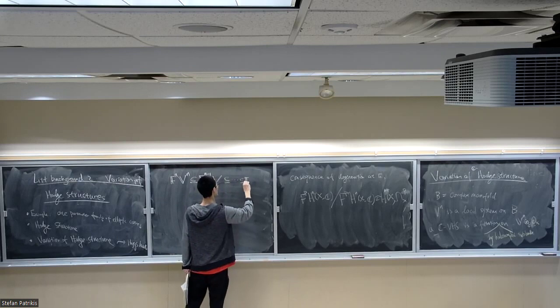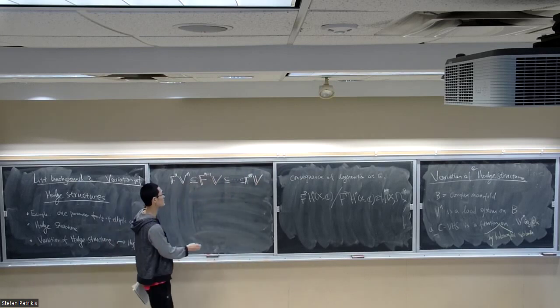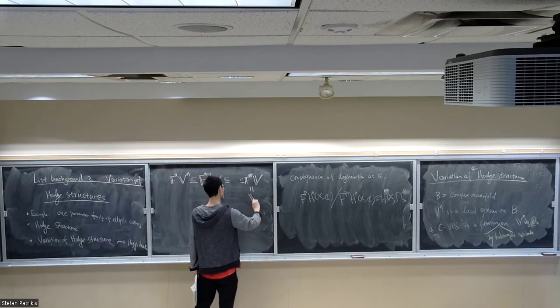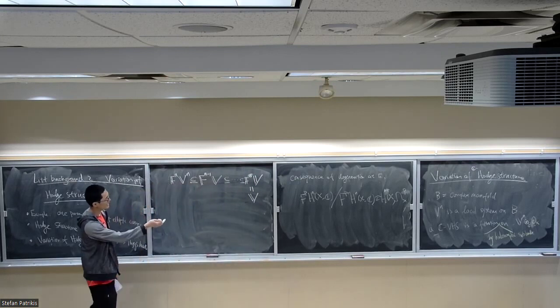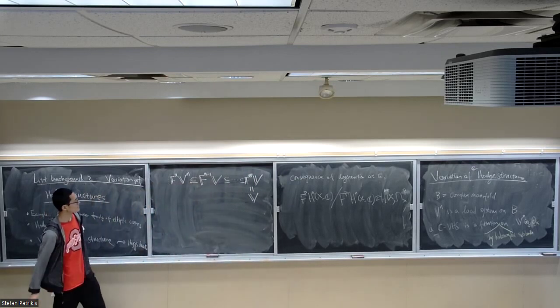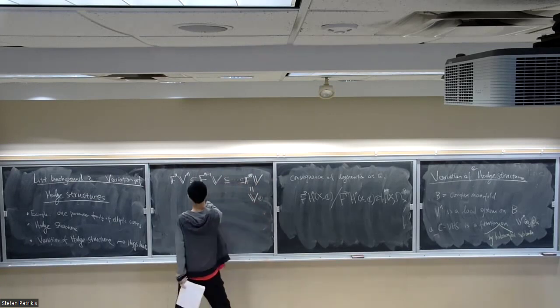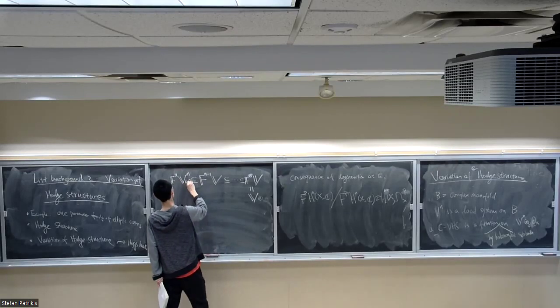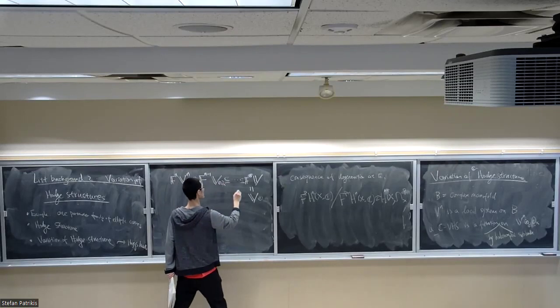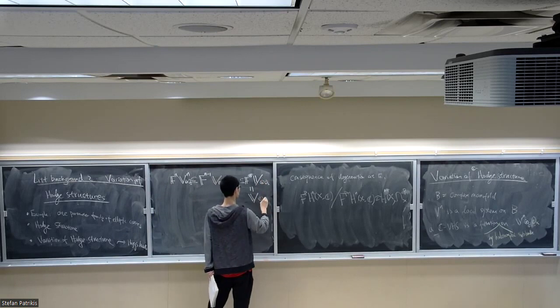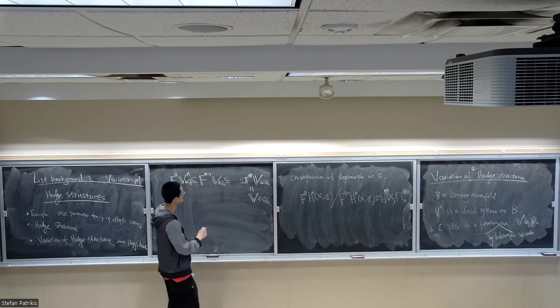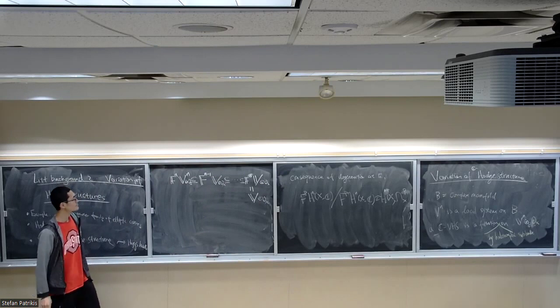This is a sequence of these filtrations, and this last space is also, by convention, the whole space. So it is probably a variety X. And all these spaces are V_n.